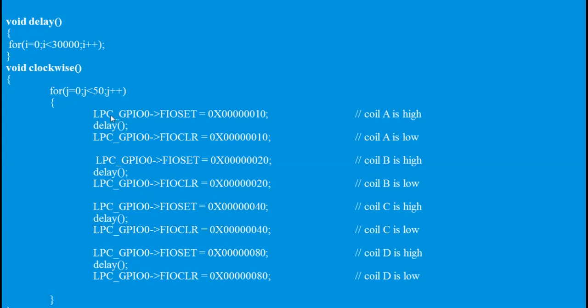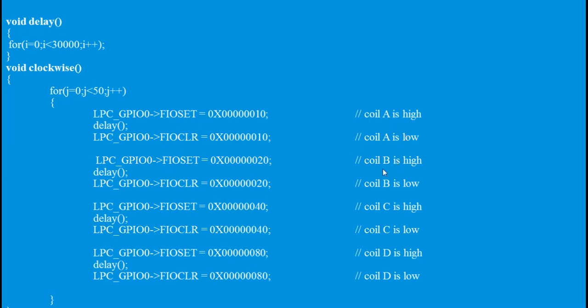Now LPC underscore GPIO0 FIO set is equal to 0x000010. This instruction is going to send logic 1 via pin number 4 of port 0 in order to energize coil A. Now the same coil is going to be de-energized by using the clear register.